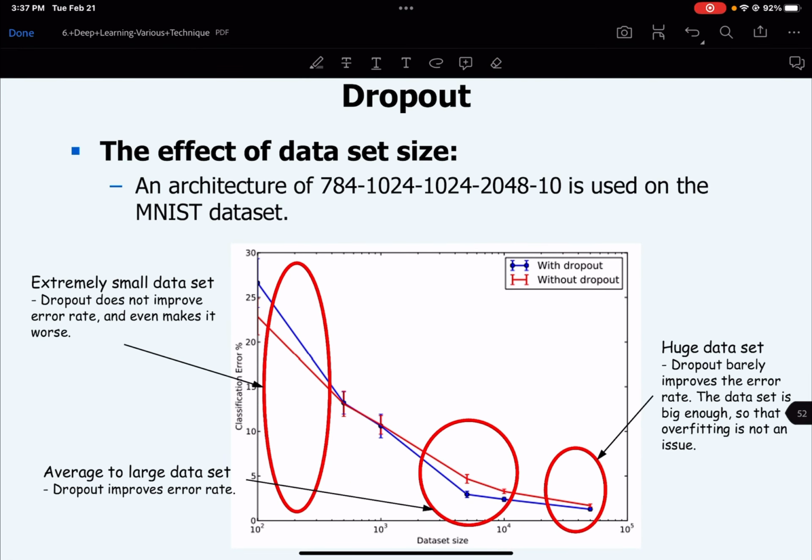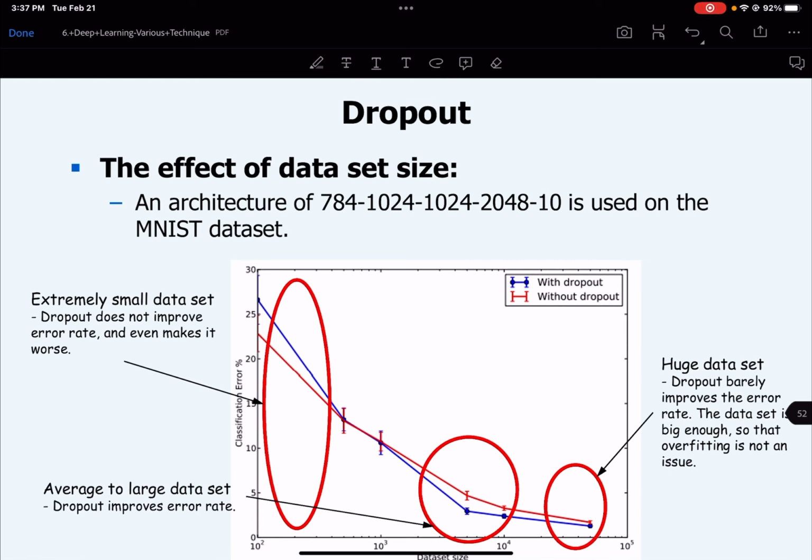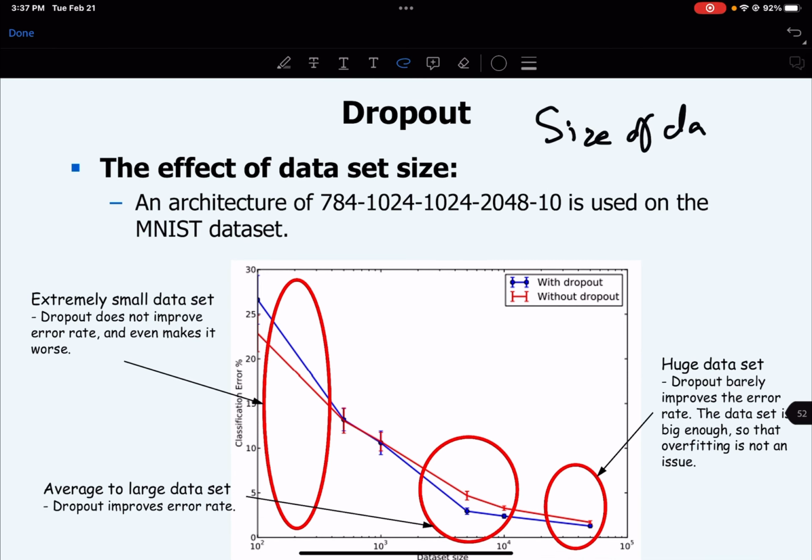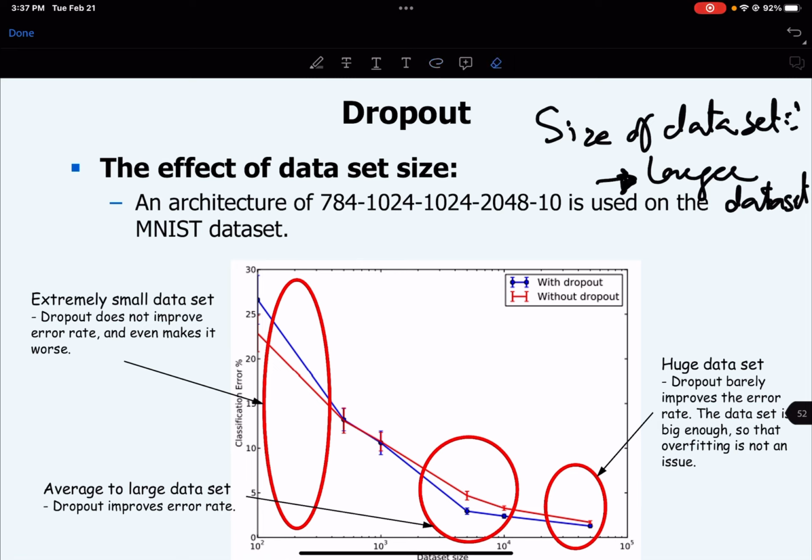Another aspect with respect to dropout that we consider is the size of your data set. That is also a very important factor in training your deep learning model. The larger the data set we have, the better it is. If we have a large data set in general, we may not even need dropout.